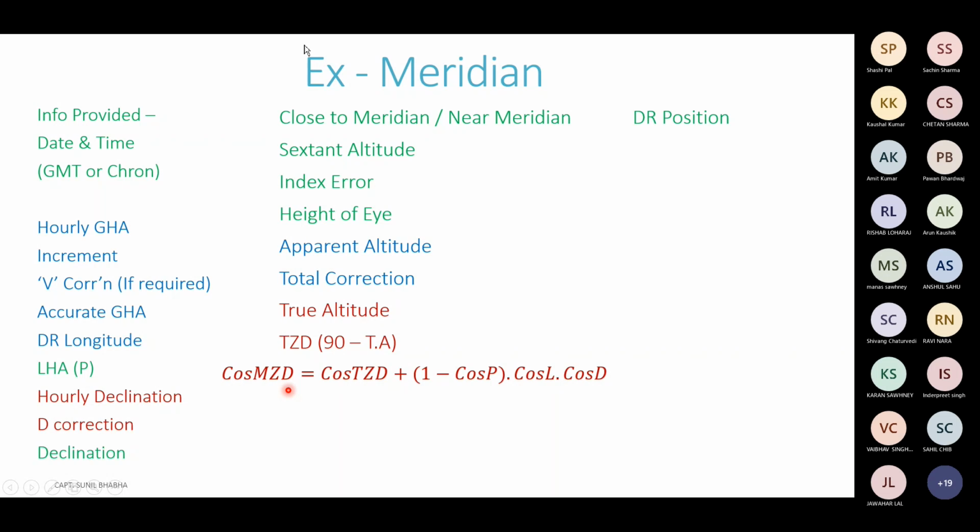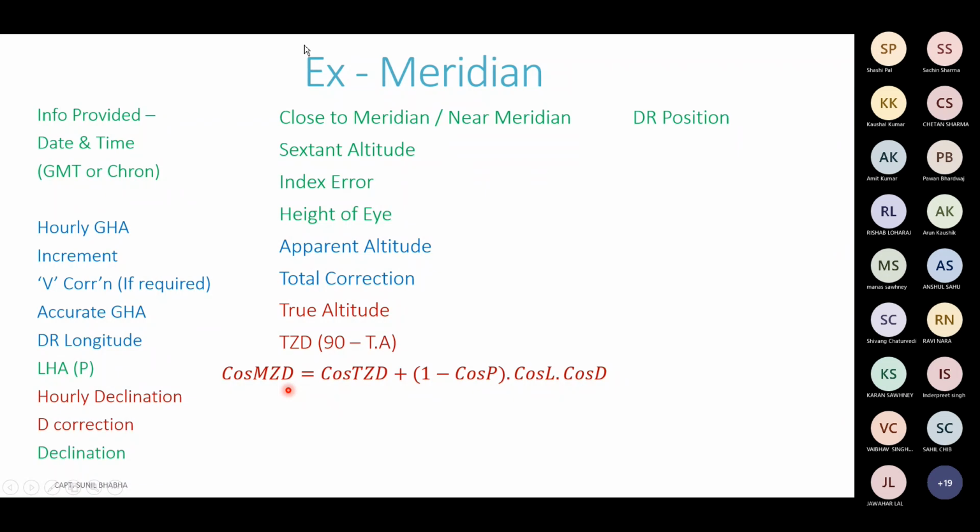It was helpful to us, and the reason was that at the time of meridian passage, if there is any cause or interruption because of which a meridian passage sight cannot be obtained, for example it was raining at the time of meridian passage, or the sun or the celestial body was covered with clouds, you could not take a sight at that particular instant.